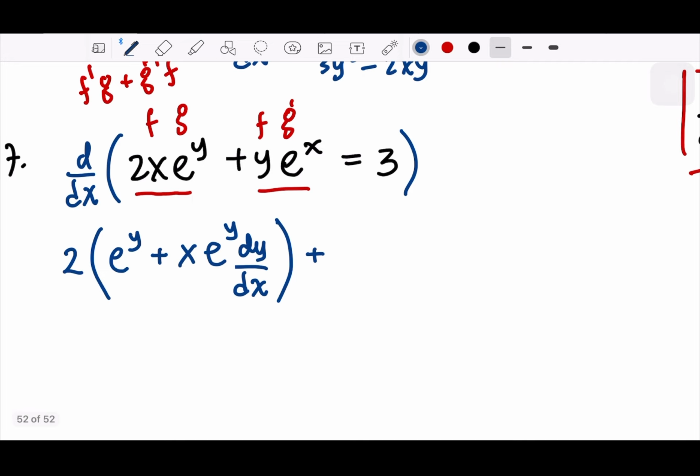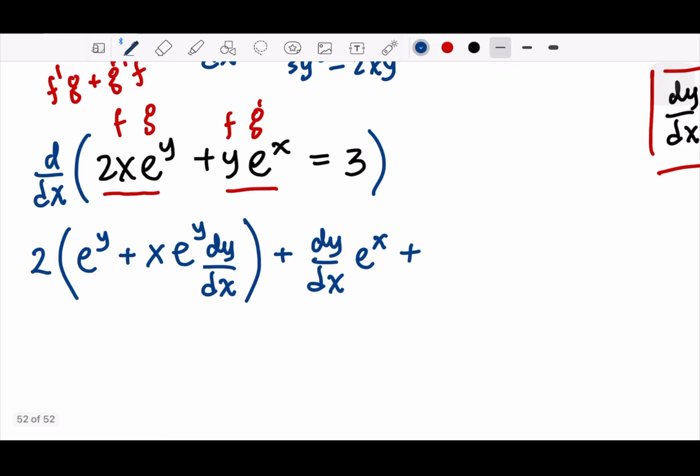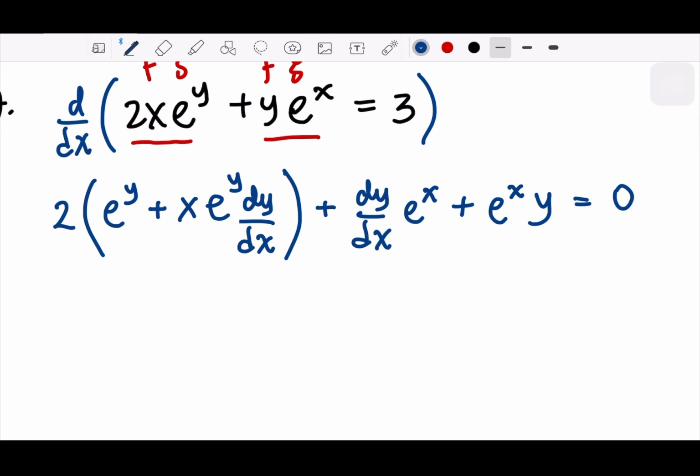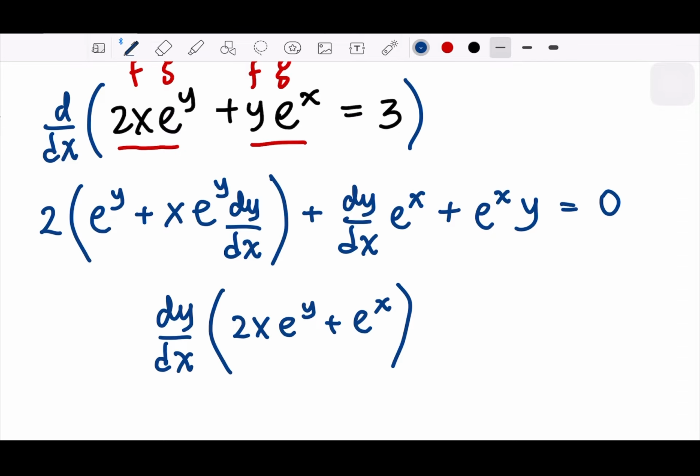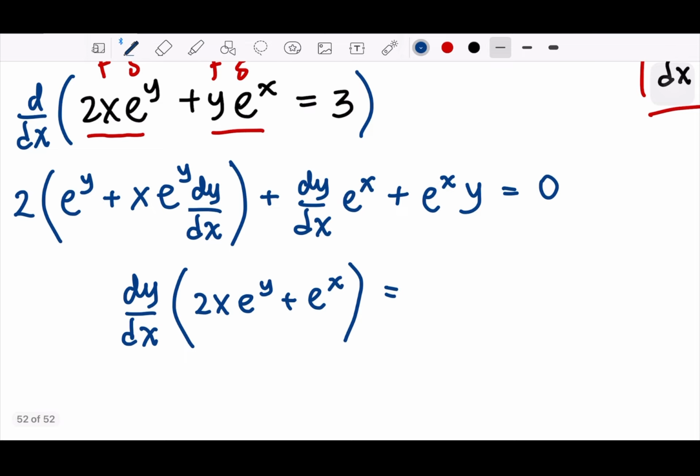The second one will be F prime G and G prime F equals 0. So dy over dx will be 2x e y plus e with power of x, and then equal negative 2 e with power of y negative e x y.